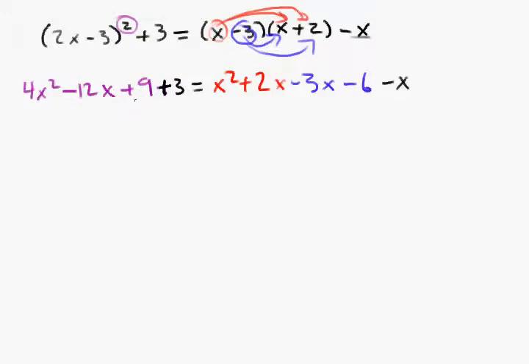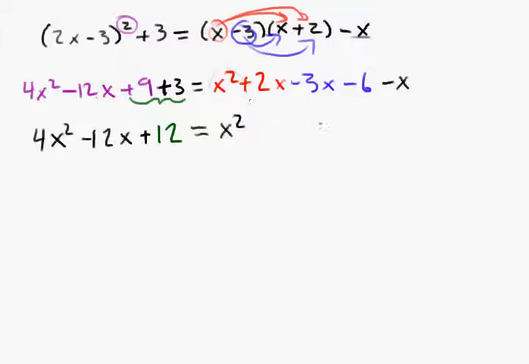On the left hand side, I can't combine this, I can't combine this, but I can combine 9 and 3. They give me 12. So this will be a positive 12, a negative 12x, and a positive 4x squared. And that's going to be equal to, well, I can't combine x squared with anything.